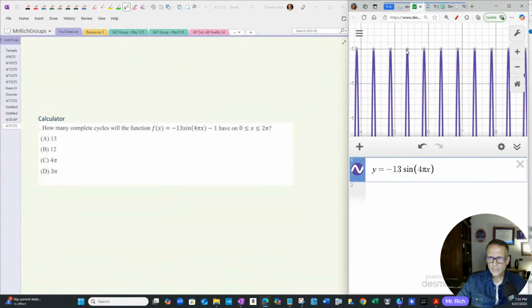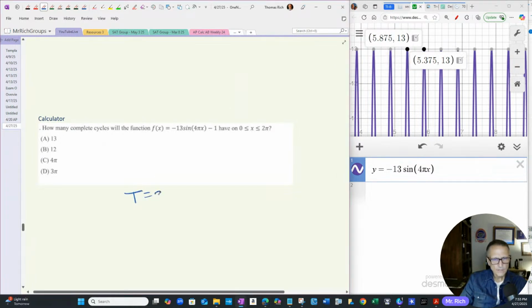So one thing I know is I can just look at the distance between these two relative maxes. That looks like it's 0.5, the difference there if I subtract those two x's. So it looks like the period is 0.5.